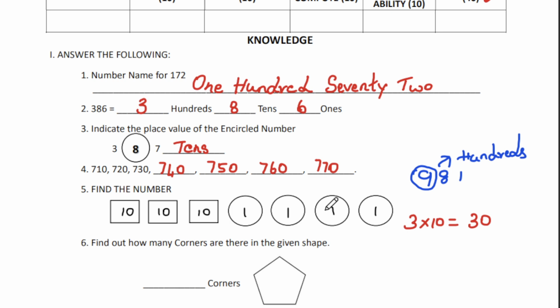And 1, 2, 3, 4, we have 4 circles for ones, and 4 ones are 4. 30 plus 4 is 34. Okay, so the answer is 34. Find the number. You have to write the answer here as 34.